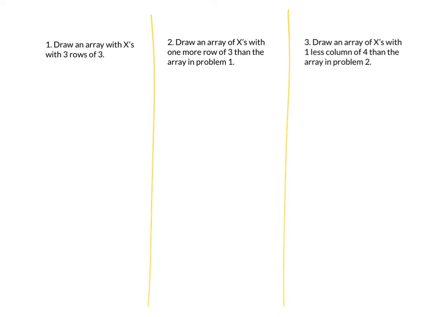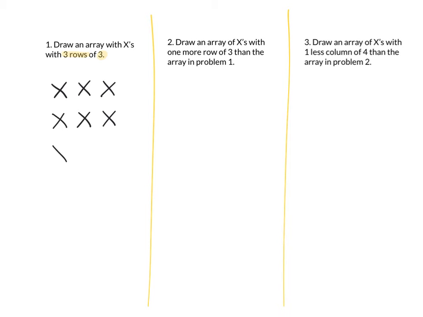Okay, so I'm going to use my little highlighter tool, and I like to highlight what I have to do. I need 3 rows of 3. And it says to do X's. It doesn't say circles, it doesn't say hearts or stars, it wants X's. So I'm going to follow that direction. So 1, 2, 3. Here's my first row. 1, 2, 3.